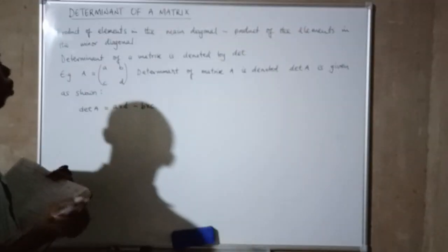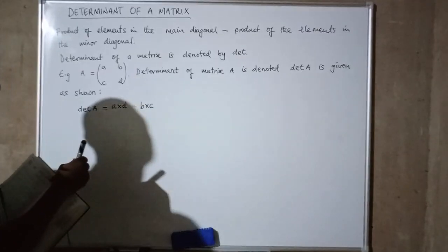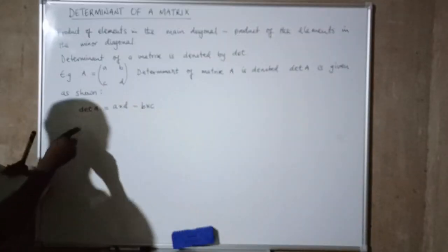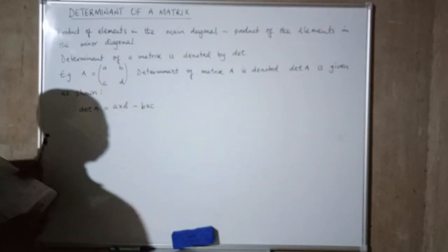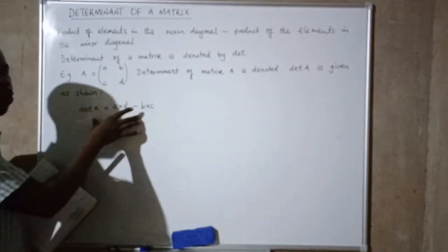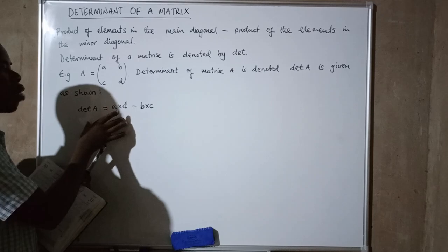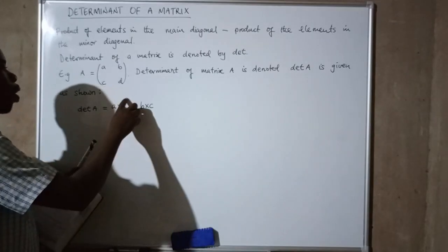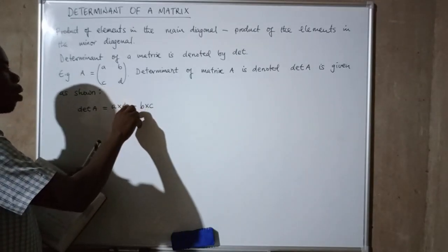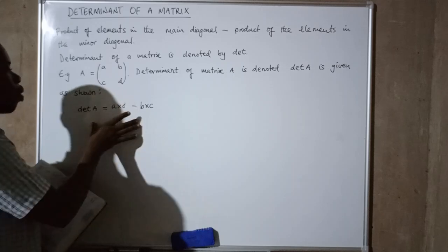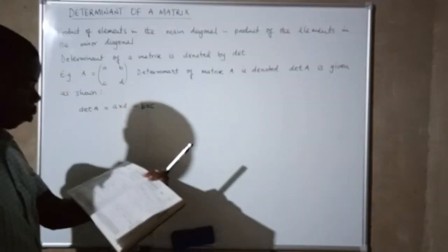That's how we do it. So this will become the determinant of this. Very important for you to keep this as a general formula that will guide us whenever you are asked to find the determinant of a matrix. This is what guides us.